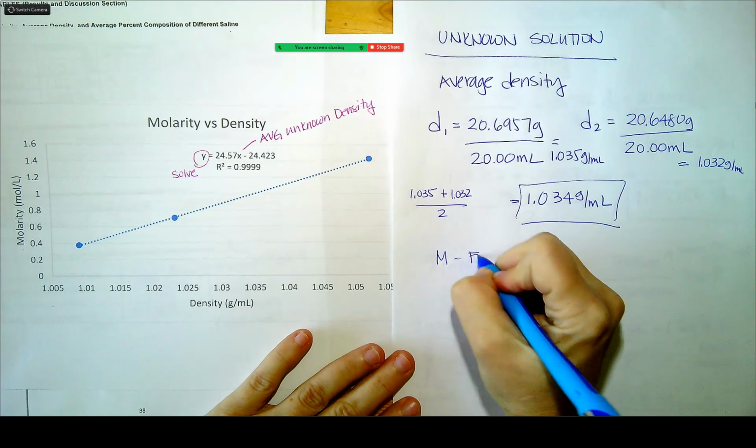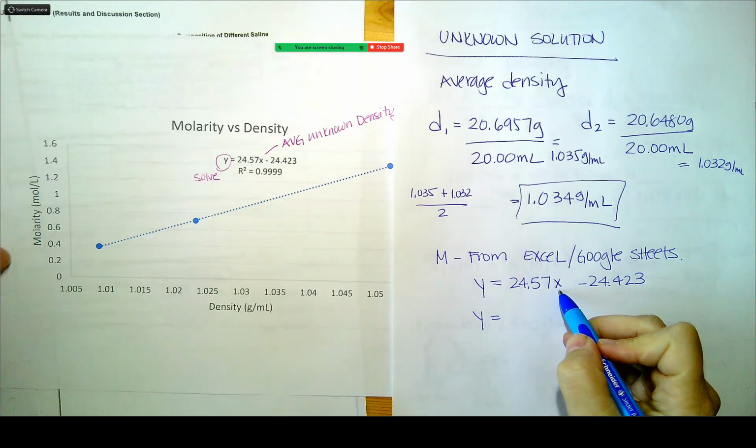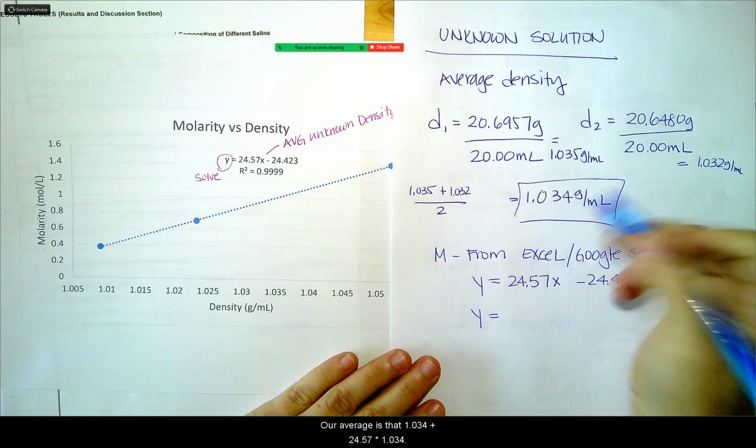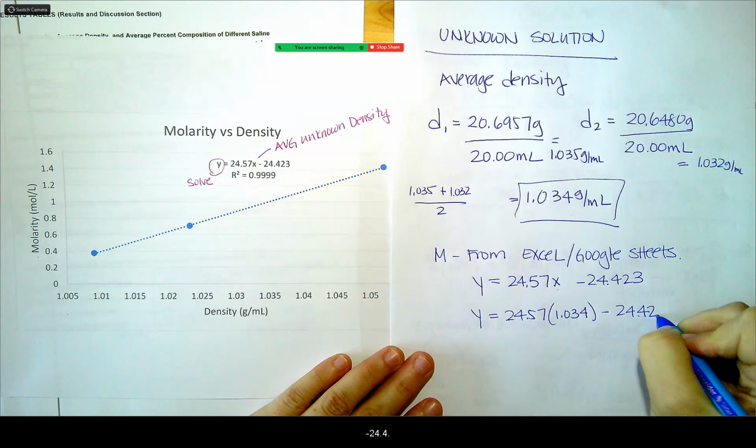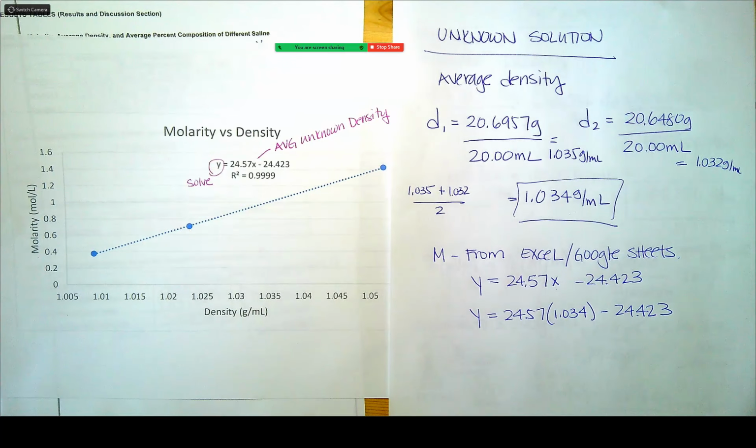Here our unknown value, our average, is 1.034. So it's 24.57 times 1.034 minus 24.423.